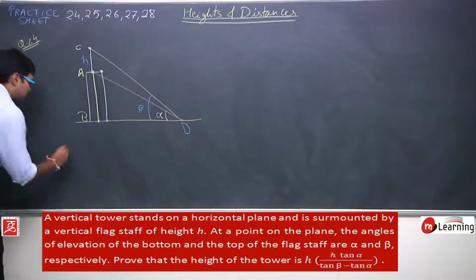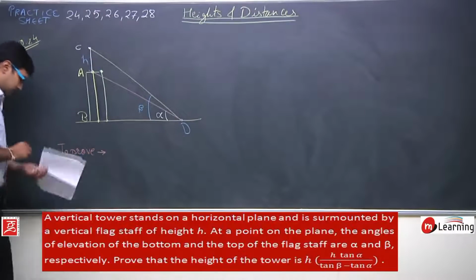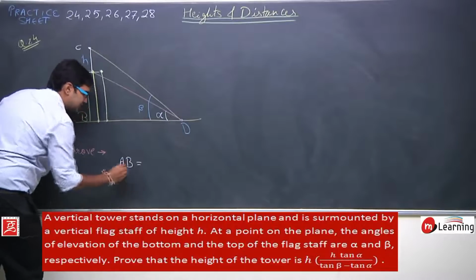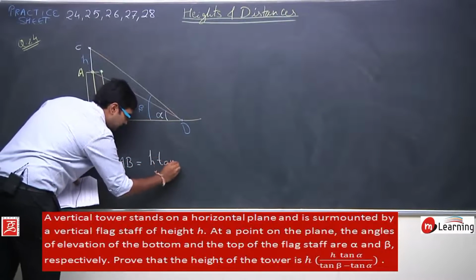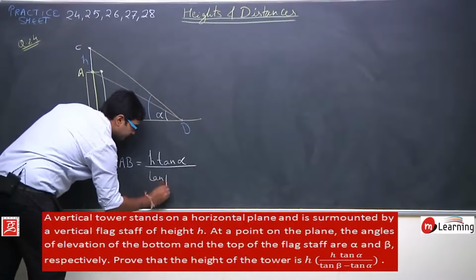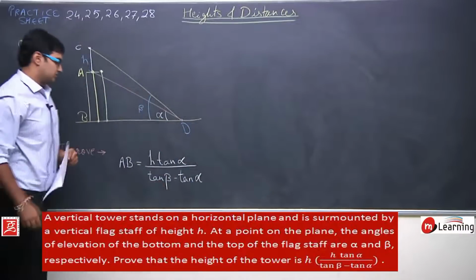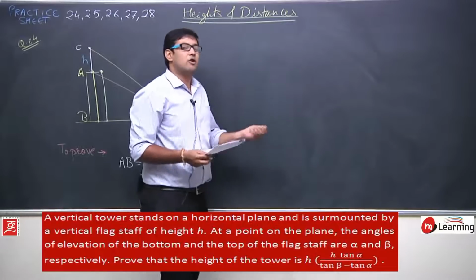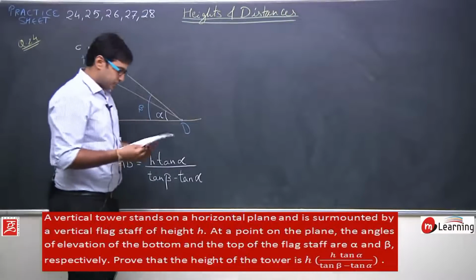So what we need to prove is that AB, which is the height of the tower, equals h times tan alpha upon tan beta minus tan alpha. This is what this diagram represents and what the question asks.